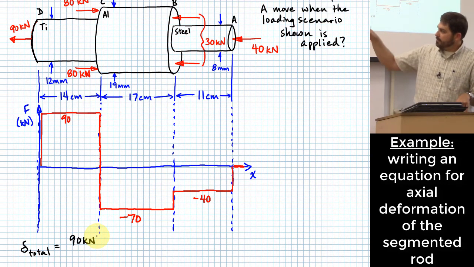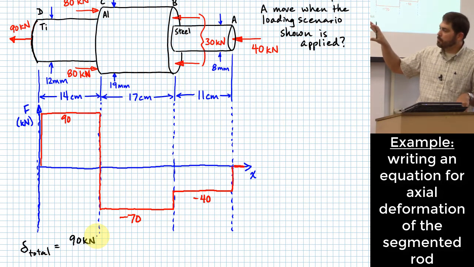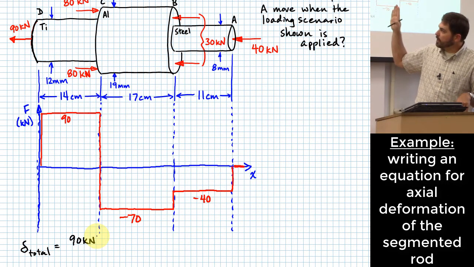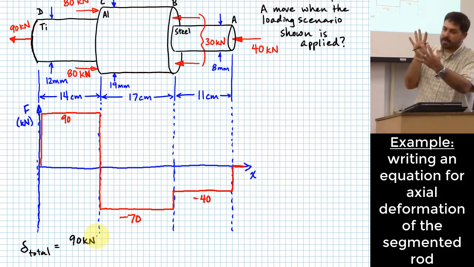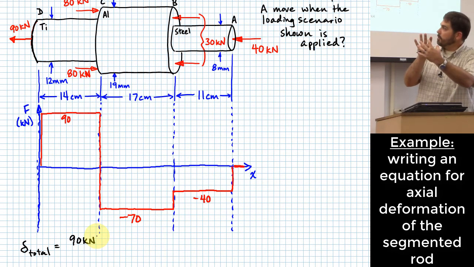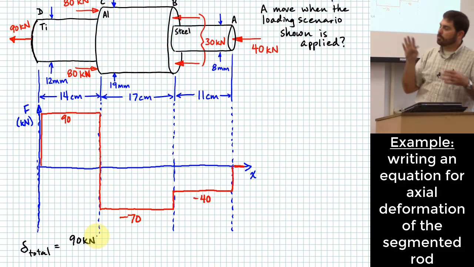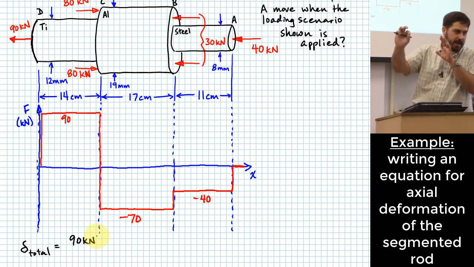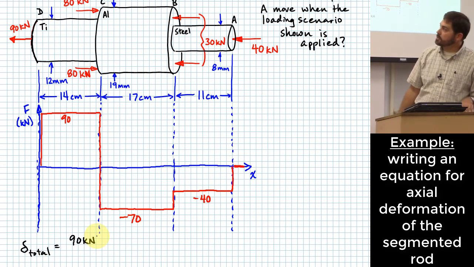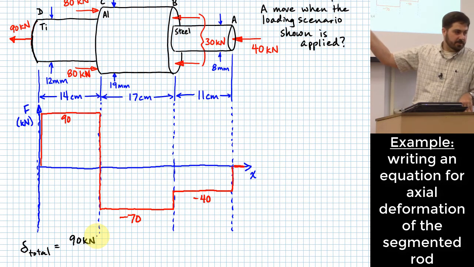When I drew my little chart here, I drew it according to compressive being negative, right? You can see there at point A, the 40 kilonewton force is going to try to compress the steel piece that's right there. So it makes sense from that end. Also, at point D, it makes sense that if you have a 90 kilonewton force going away from the rod at point D, that would tend to try to stretch it from C to D. And it does turn out to be a positive 90 kilonewtons there.